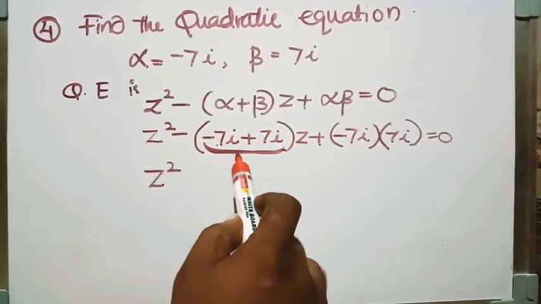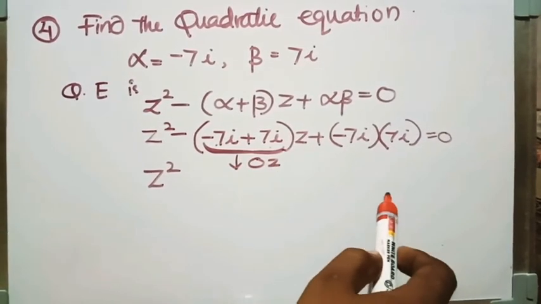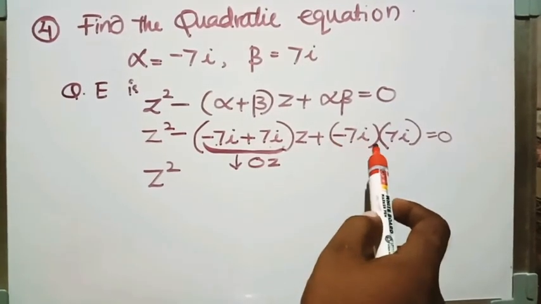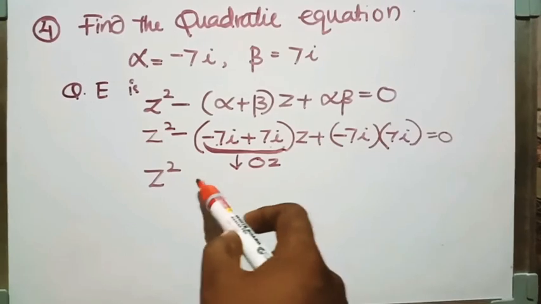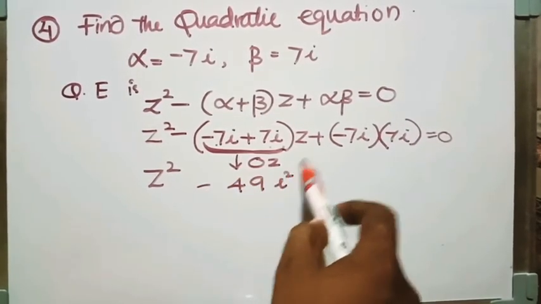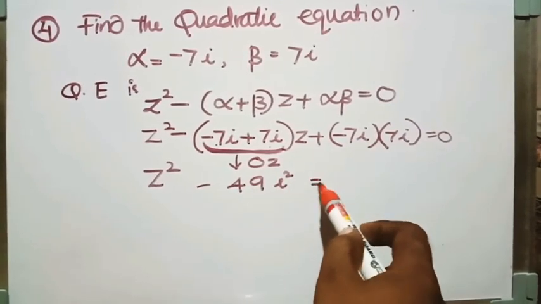That is, the middle term becomes 0, so no need to write that, as 0 means the term is cancelled. So what do you get here? Minus 49 i squared, 7 sevens are 49, i squared is equal to 0.